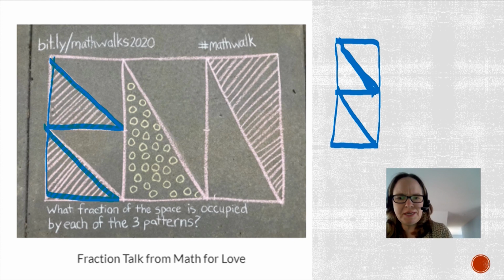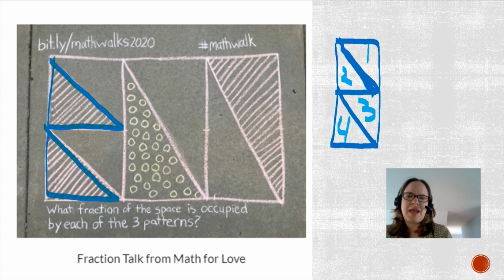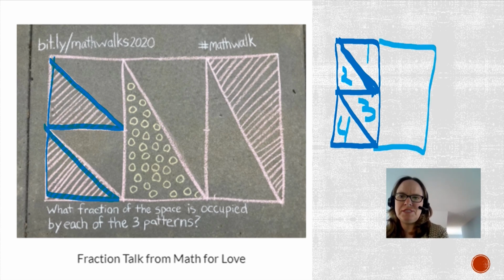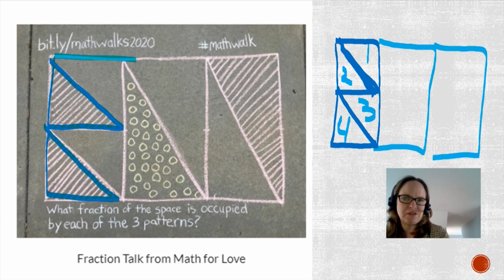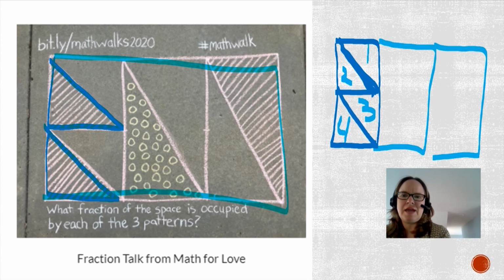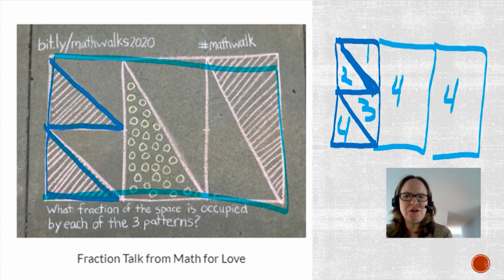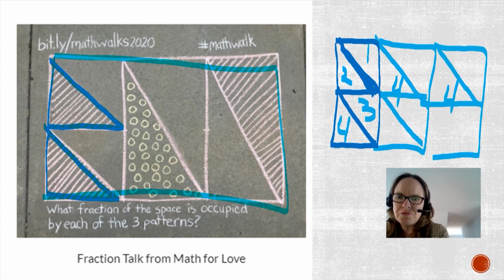So how many parts are in that shape? There's 1, 2, 3, 4. And if I draw 2 more sections to equal this whole section, and there's 4 parts in that one and 4 parts in that one, how many parts do we have total? So 4, 8, 12. So we have 12 parts, so that's what goes on the bottom.